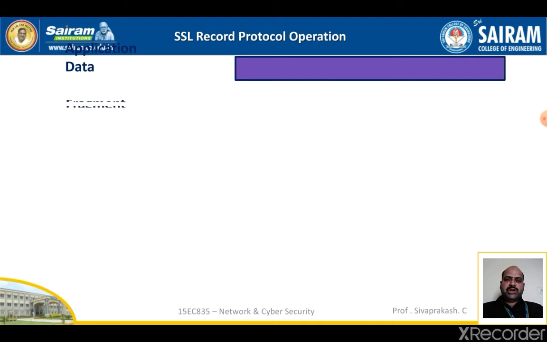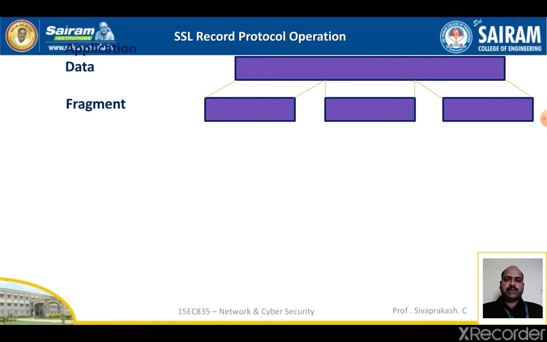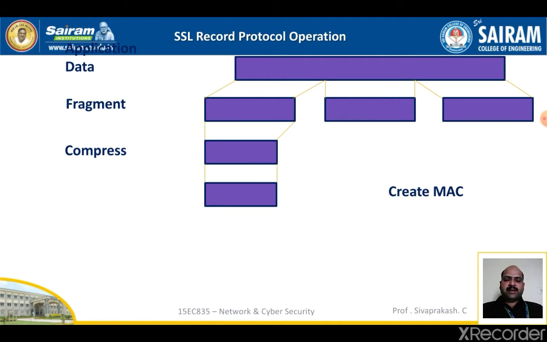The application data is taken, and the process starts with fragmentation. The application data is divided into a number of fragmented blocks, and each block is compressed. The compressed data is then added with a MAC, so we create a MAC code and add it along with the compressed data, and the same block size is created. Next, we do the process of encryption.